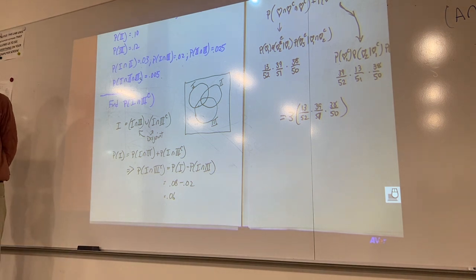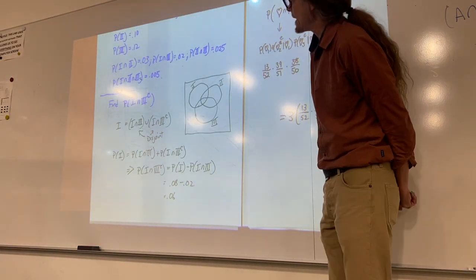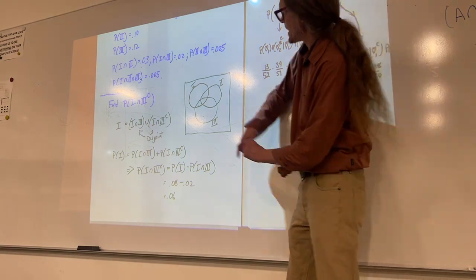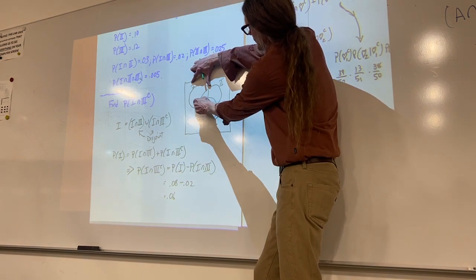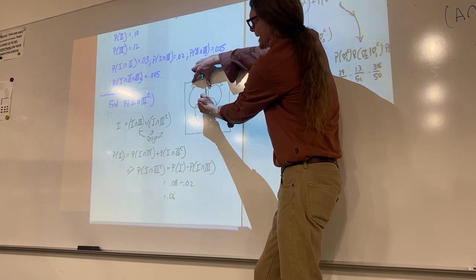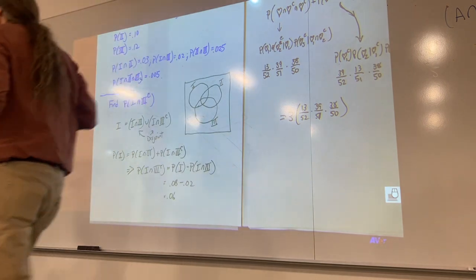So we decompose 1 into its two parts: the part where 1 intersects 3, or the part of it where 1 does not intersect 3. Exactly right. So you're starting with that oval right there, and you need to find that part of it. But you know that part of it, and you know the whole. Exactly right.